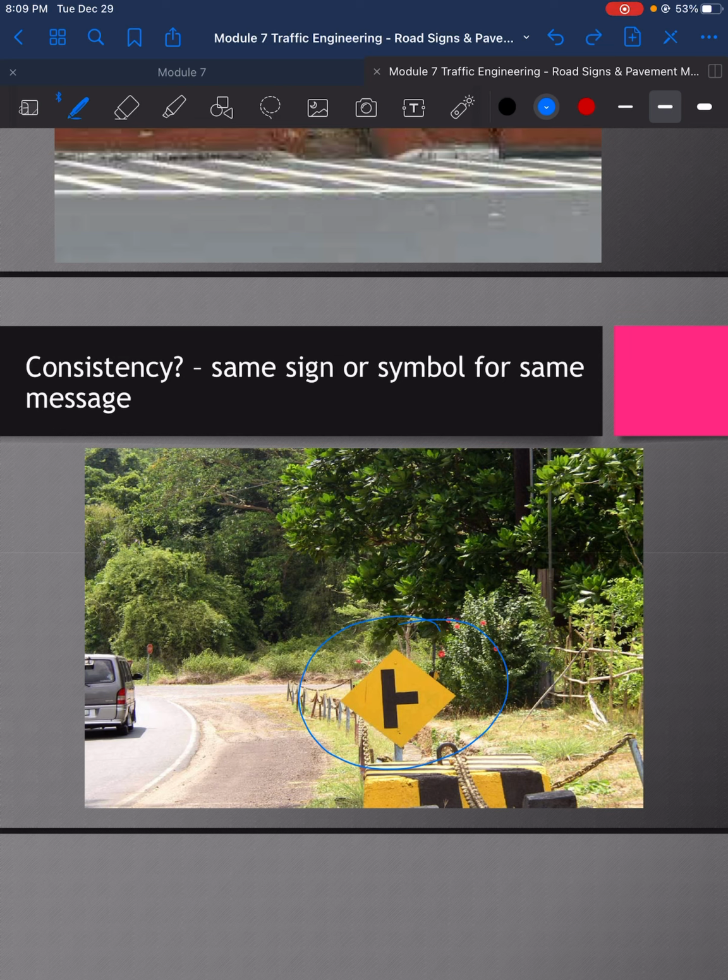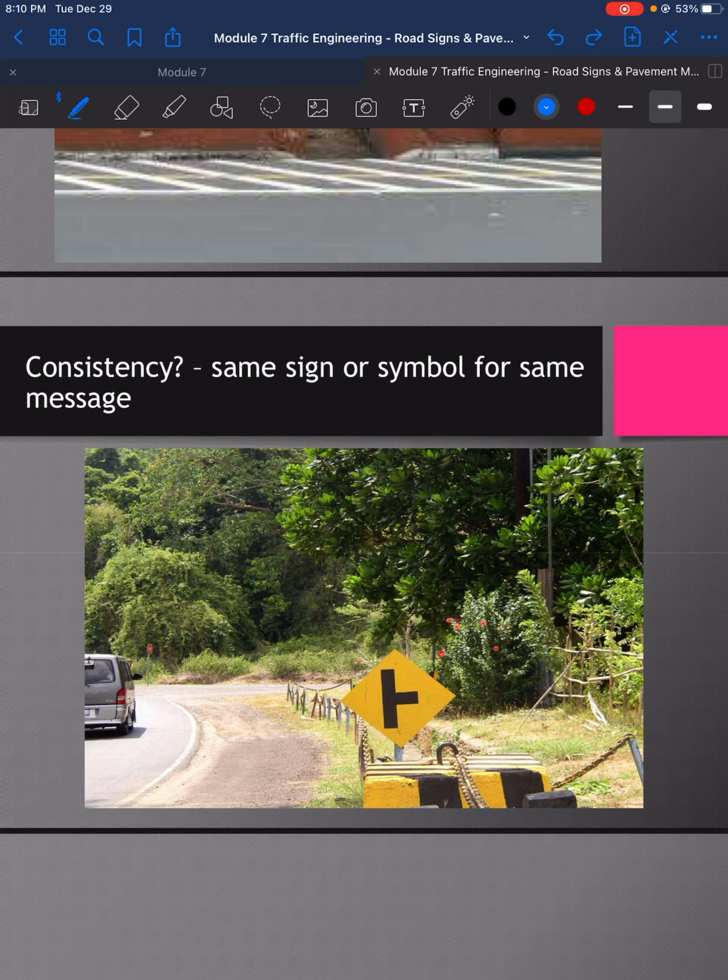Yes, nasunod nga yung symbol. But the question is, was it put in a proper shape of the plate? Later on you will find out that the standard shape for the plate for this one, it should be a triangle. Hindi dapat diamond. Mamaya yan, makakakita ulit siya ng panibagong plate doon sa banda doon. Kung naka-oblong naman yun, well, there's no consistency for it.